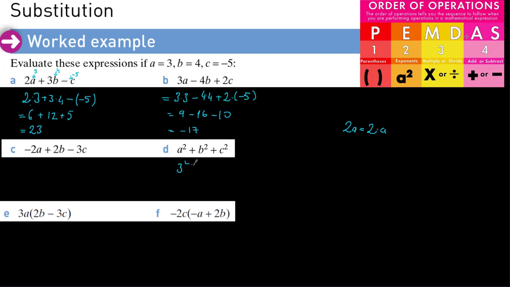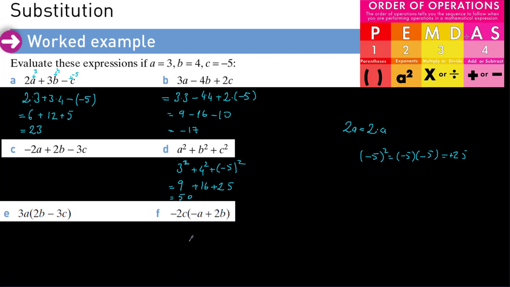So this is 3 squared, the next one b squared is 4 squared, and then plus (-5) squared. 3 squared is 9, 4 squared is 16, but we have to be careful about (-5) squared, which is -5 times -5, equal to 25. So it's plus 25. Then 9 plus 16 is 25, 25 plus 25 is equal to 50.